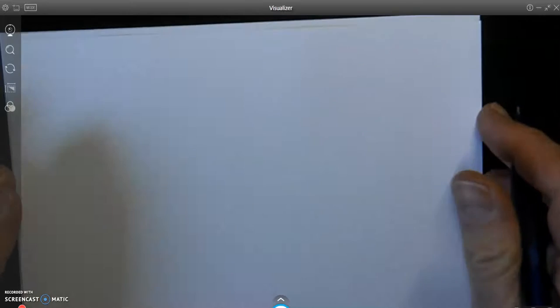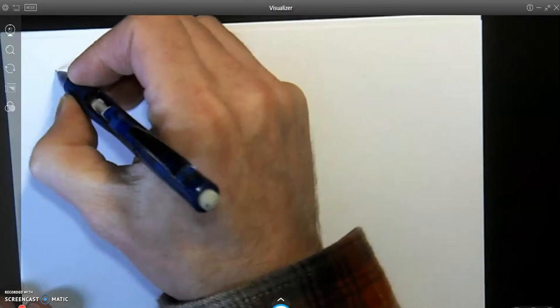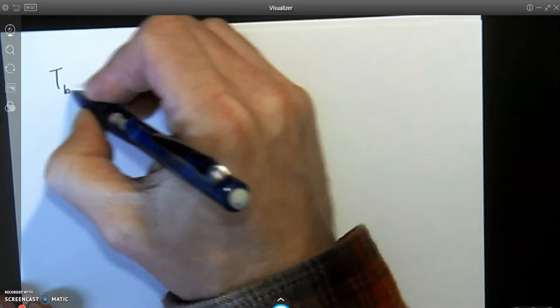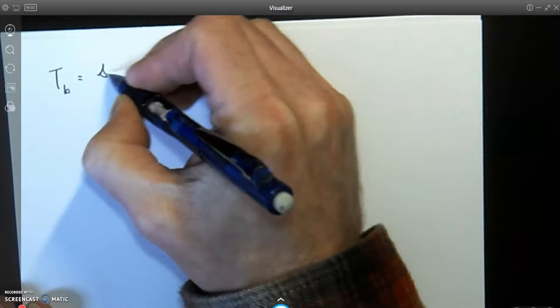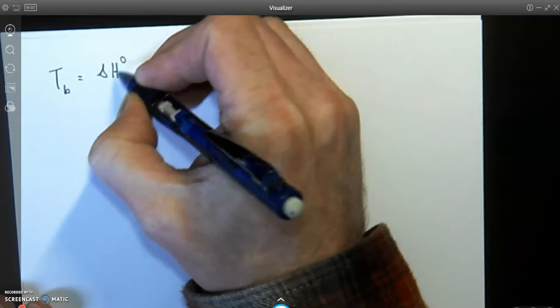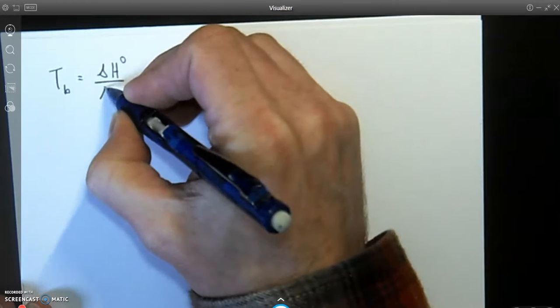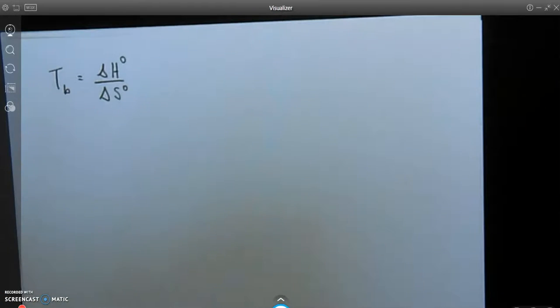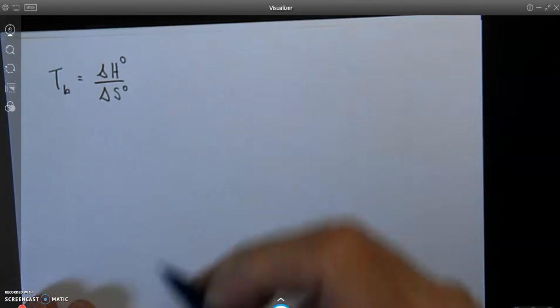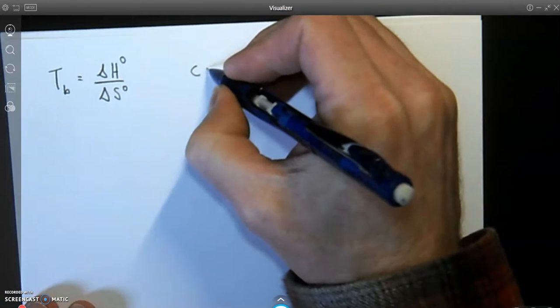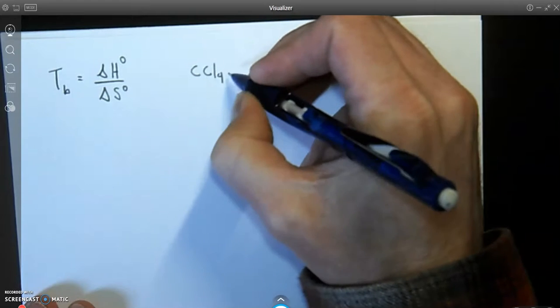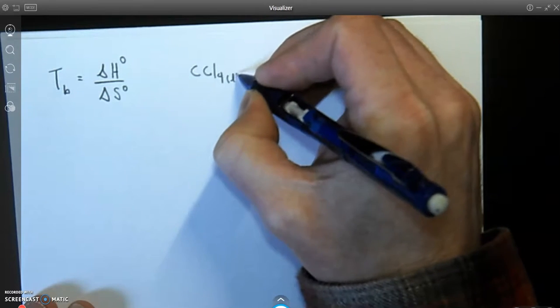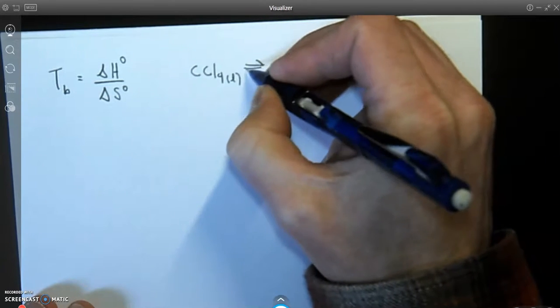And again, based on that equation I said a second ago, we can say the temperature, in this case boiling, would be equal to delta H over delta S. And again, this is not on your equation sheet, so you would have to understand how this would go together. If we just want to look at it as an example, we can look up carbon tetrachloride, liquid to gas, since we were talking about boiling.